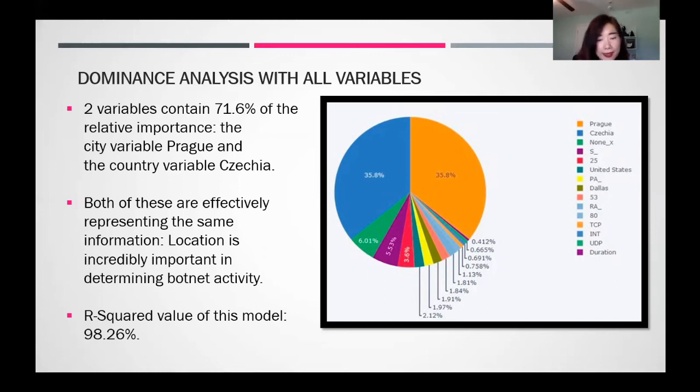This analysis has an R-squared value of 98.26%, indicating that the model explains a very large amount of the variance present, and the two highest variables present the same information. As such, we want to remove them and see what will occur.